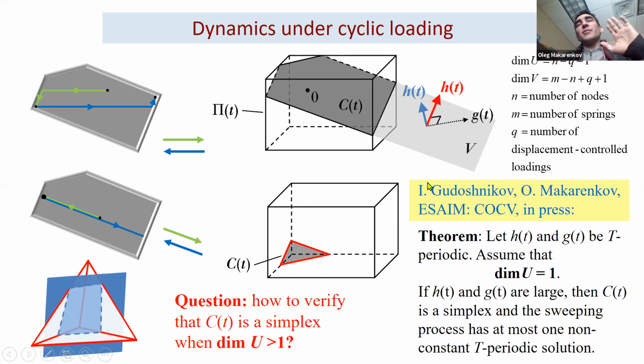Codimension 2 means we might have, in a certain sense, two vectors. Simply, in order to make some progress on that question, we have to know when the intersection of a simplex with a plane is a simplex. That's one of the questions on that way.